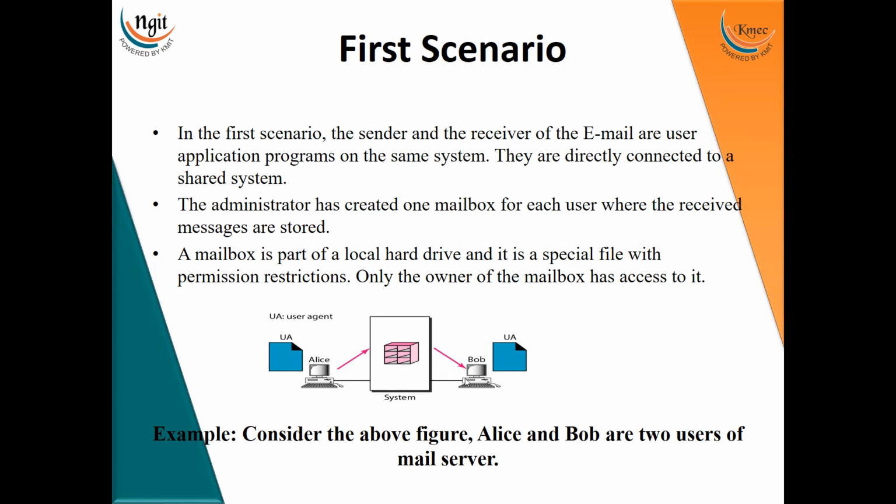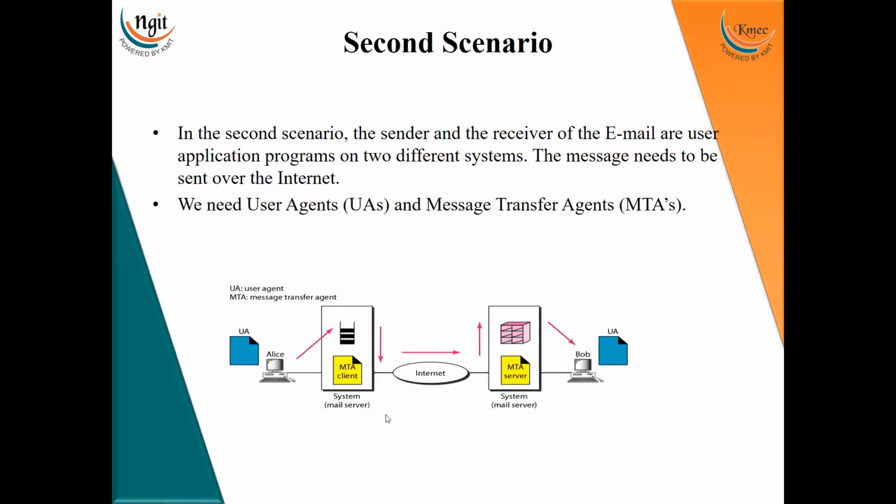But in the second scenario, the sender and receiver of the email application programs work on different systems. In the previous case, we had only one system, but here we have two separate systems: one is the client system and the other is the server system.